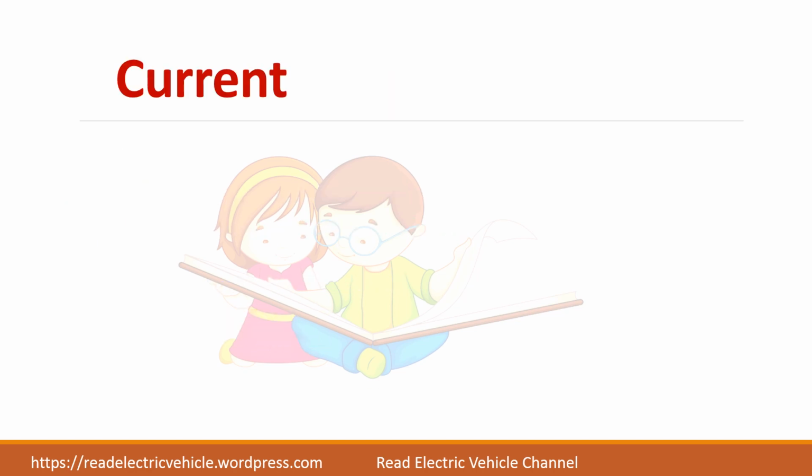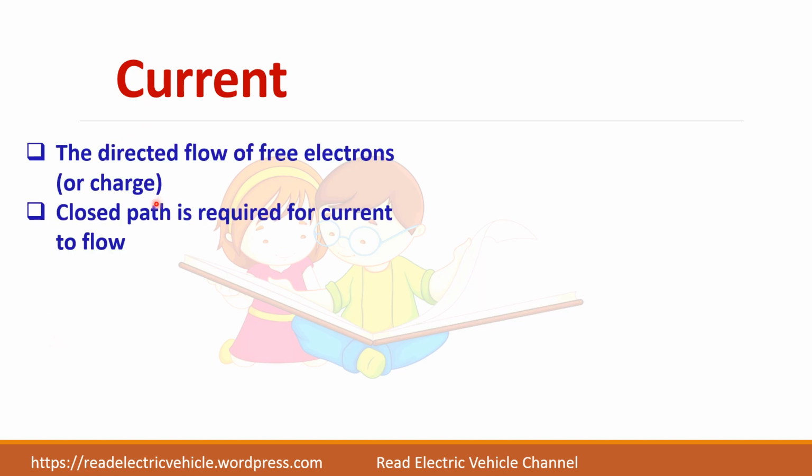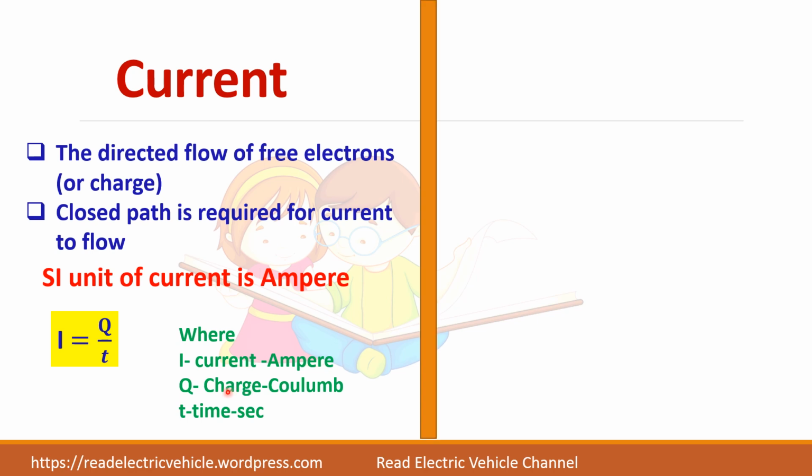Next we will see about current. The directed flow of free electrons or charge is called the current, and you need a closed path for the current to flow. The SI unit of current is amperes. I is equal to Q by T, where I is in ampere, Q in coulombs and T in seconds.